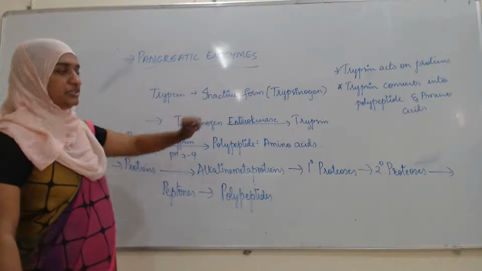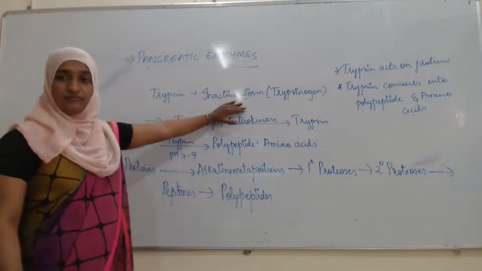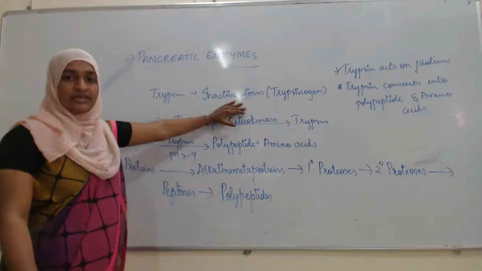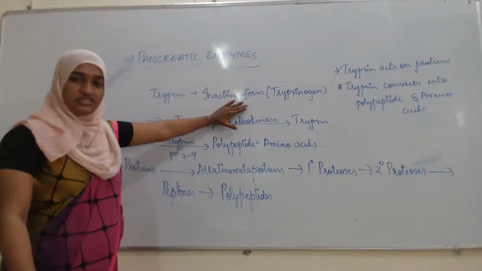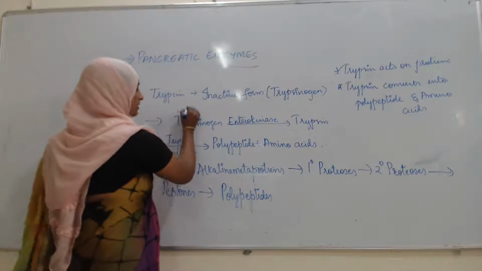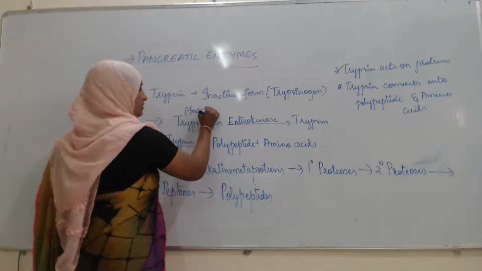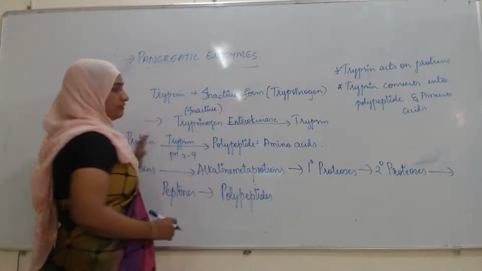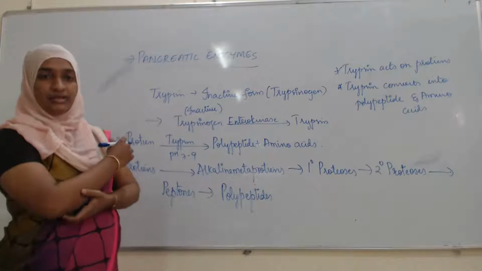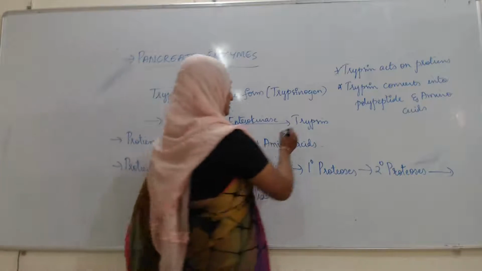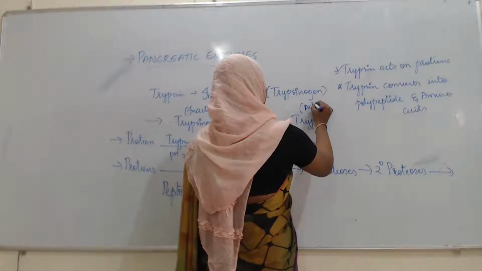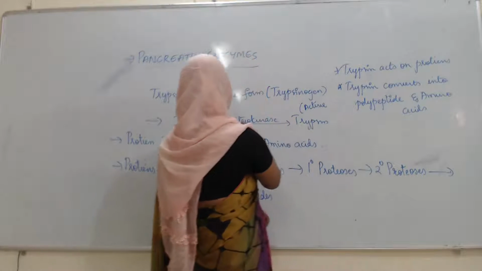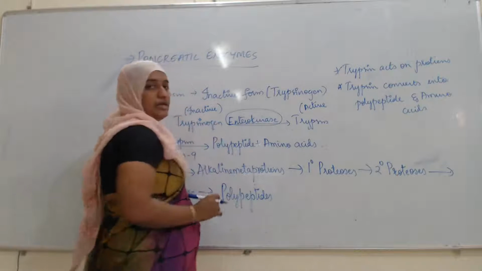First of all, trypsin is secreted in an inactive form, trypsinogen. It gets converted into the active form, trypsin, by the enzyme enterokinase.